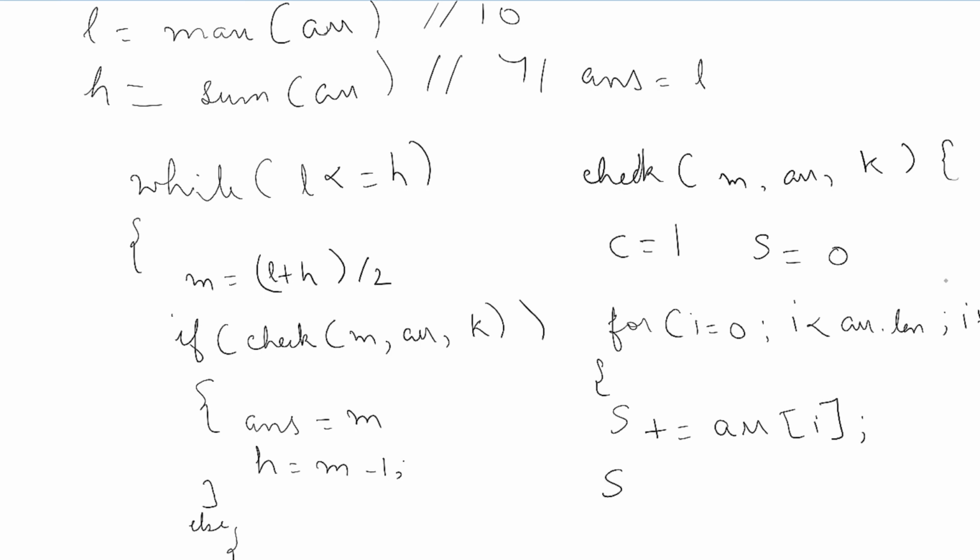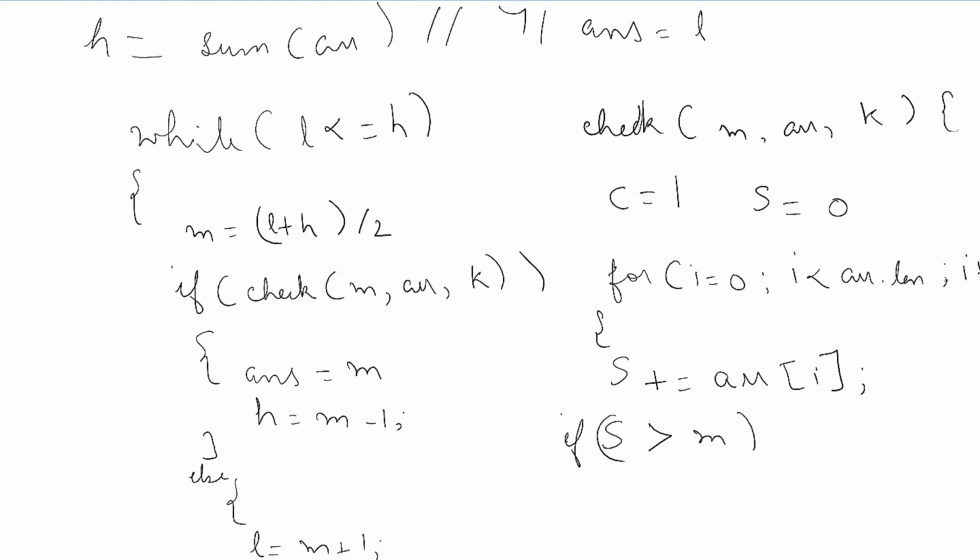Now if s exceeds M, then we need to add another worker, since M is the time that can be assigned to one worker. We increment our counter c++, and the next s will be arr of i, since the next worker will immediately start from the point where the previous worker has stopped.